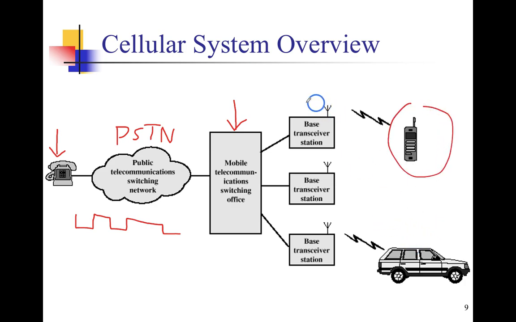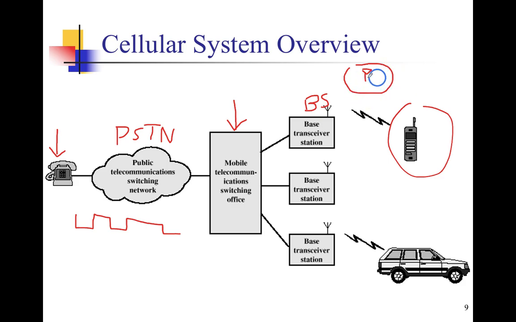So there is what they call a base station. As we mentioned in the cellular network in the previous slide, this covers each of the cells. There is a base station which covers all the.